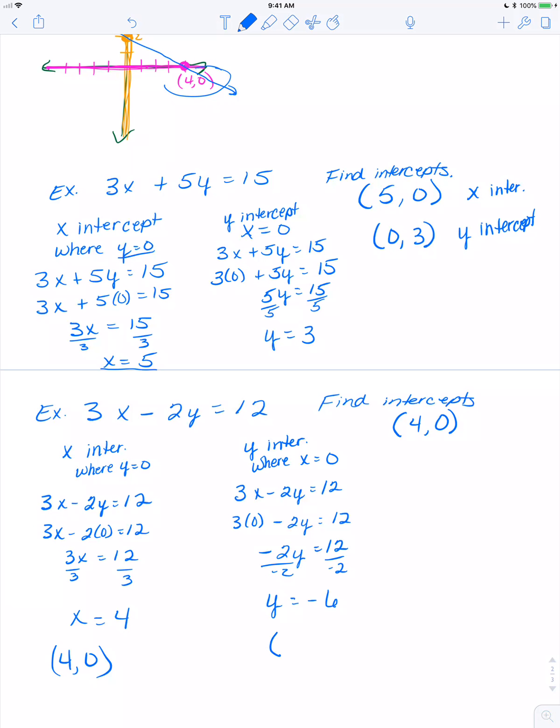So my y-intercept is where x is 0, y is at negative 6. And so then if you had to graph that, we could easily come and graph this. Let's assume all these are 1 unit.